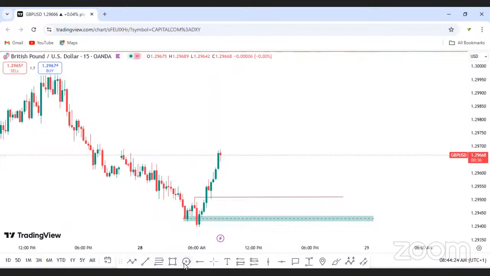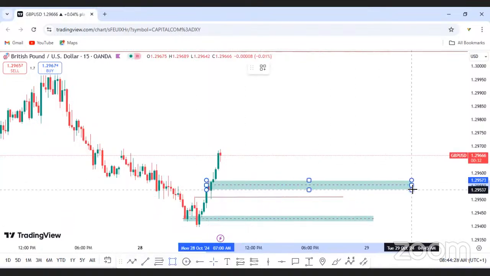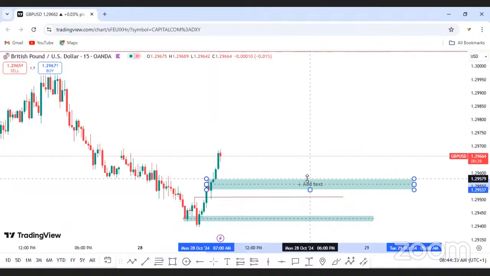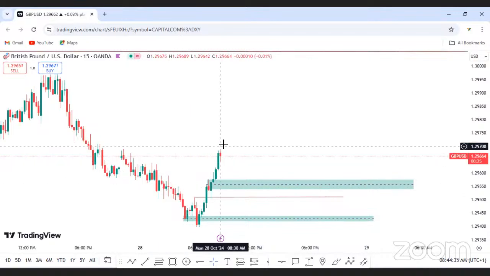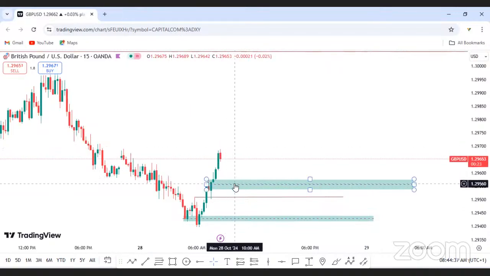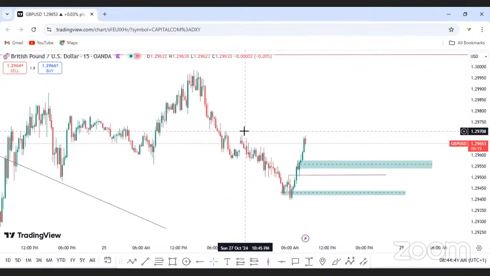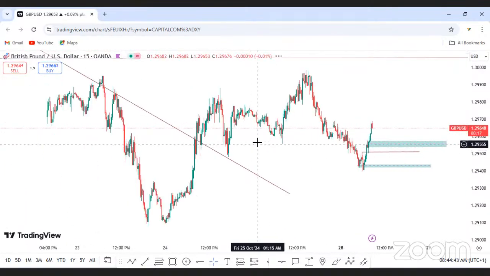However, if we want to see another point of interest on GBP, then this other block will be one. Right. So if we see price into this level, it's going to be a good place to take a GBP buy from. So I'm looking forward to seeing GBP buy today.